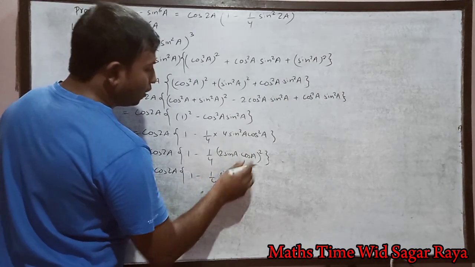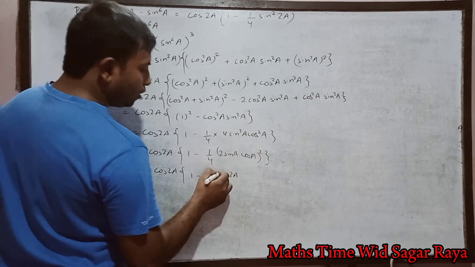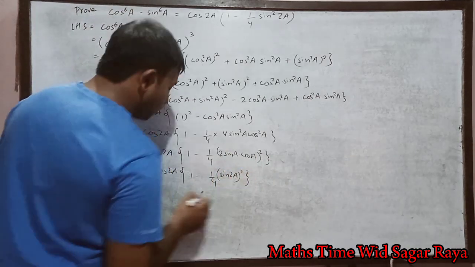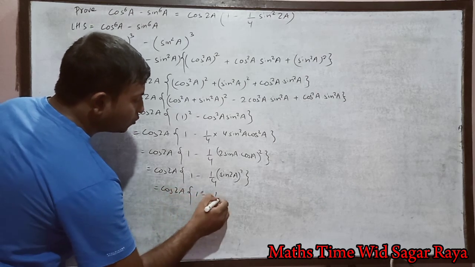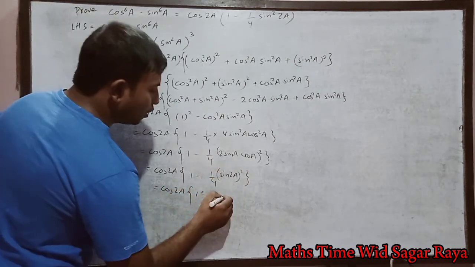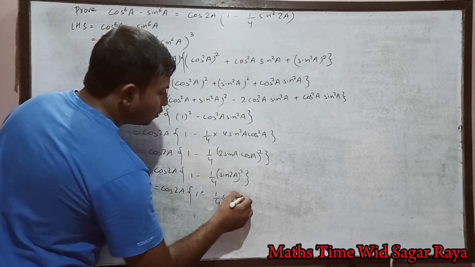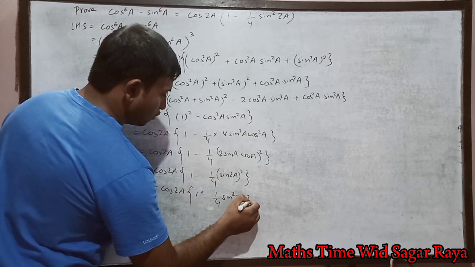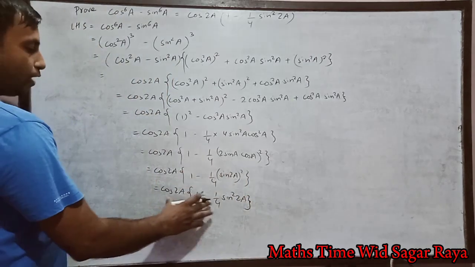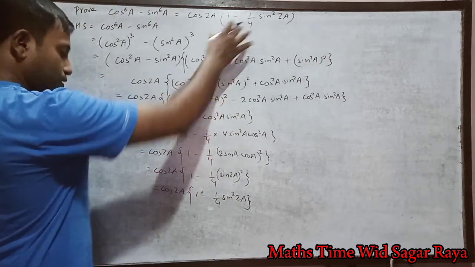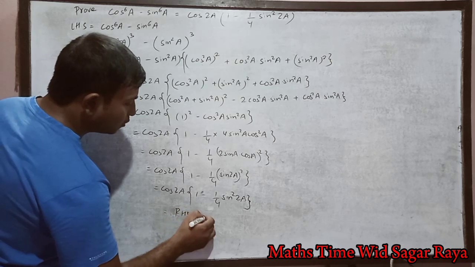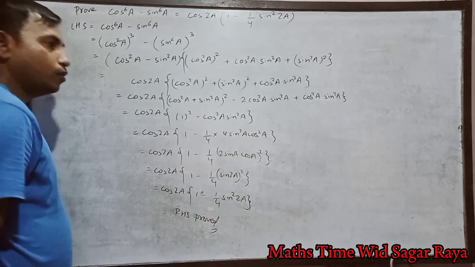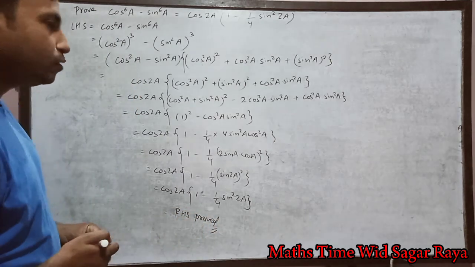It is sin 2A, and we have the square outside, so it becomes cos 2A (1 − 1/4 sin² 2A), which is exactly the RHS. Hence proved. This is the required solution.